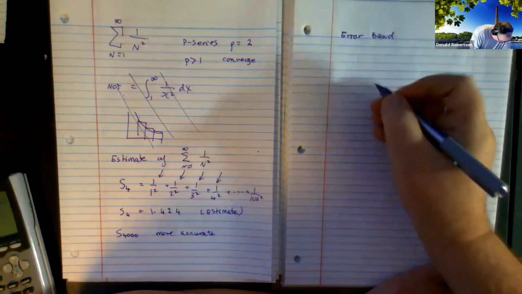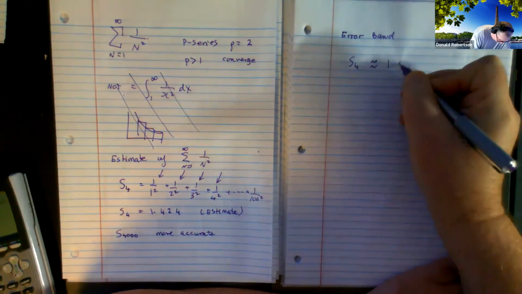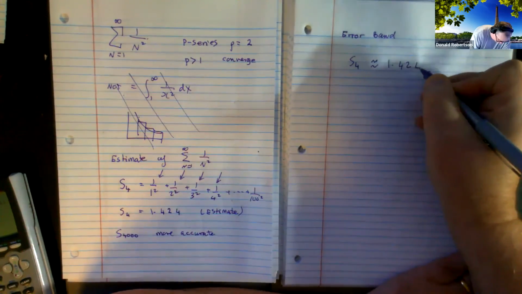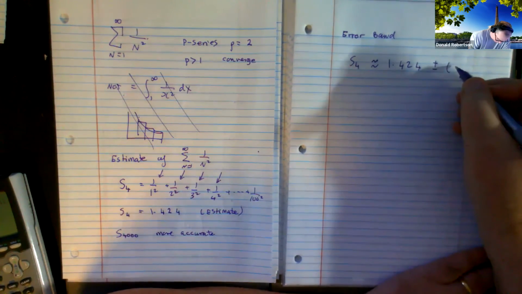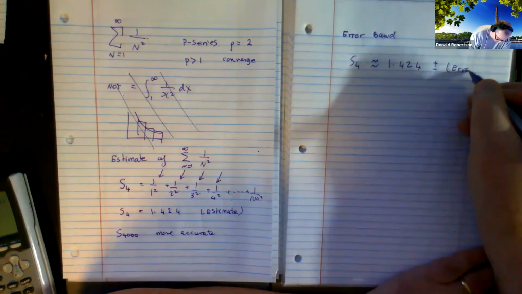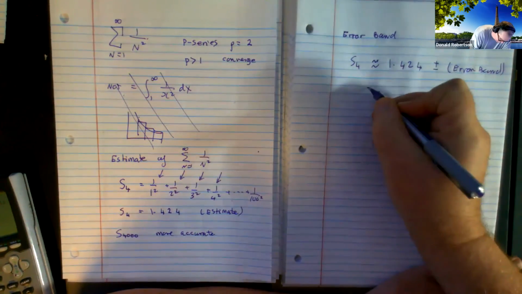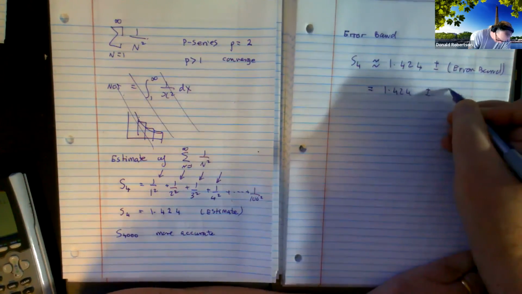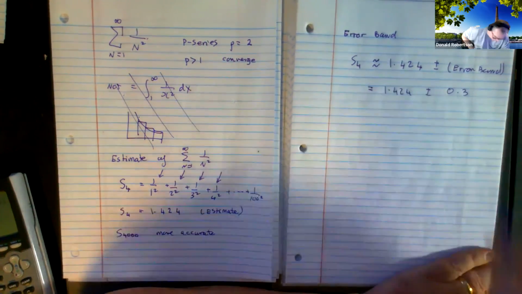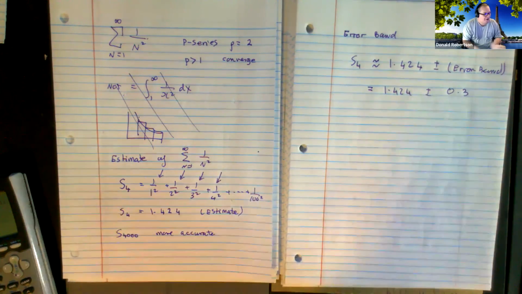In other words, I know that my estimate is that the real answer is 1.24, but wouldn't it be nice to have plus or minus some error band? So I could say that the answer was 1.424 plus or minus 0.3. Wouldn't that be at least helpful in giving me an idea of where the answer is?